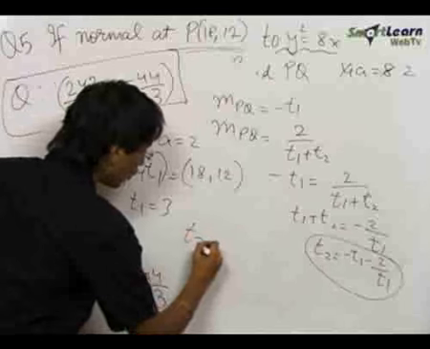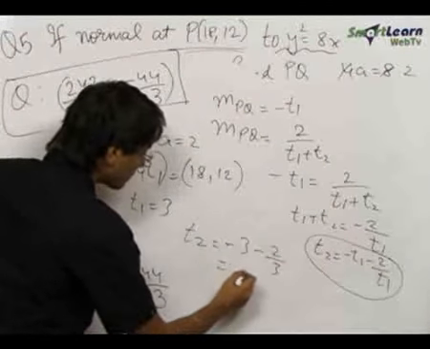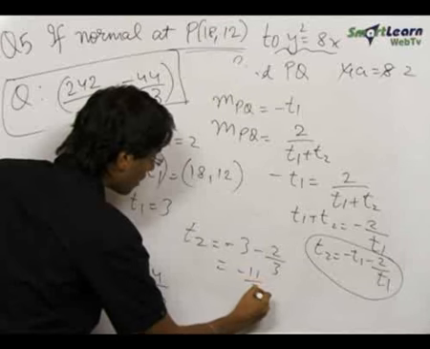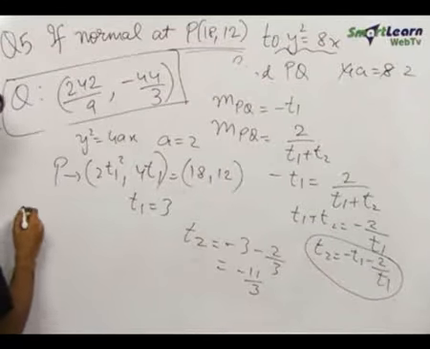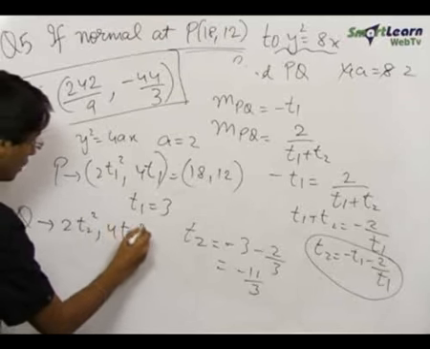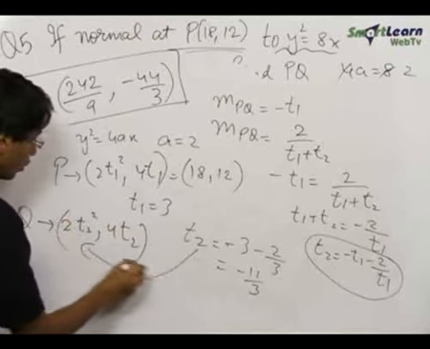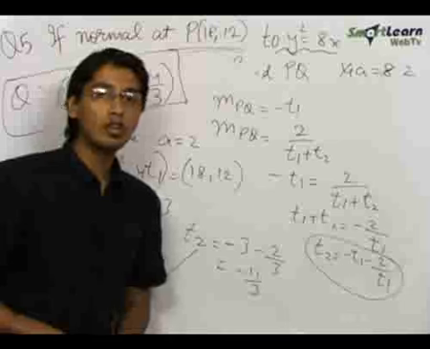Hence t2 can be found as −3 − 2/3, which is −11/3, and hence the point Q can be found by (2t2², 4t2). The value of t2 can be substituted to get the coordinates of Q as (242/9, −44/3).